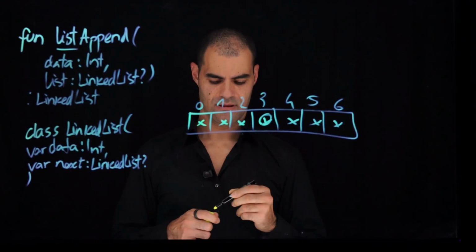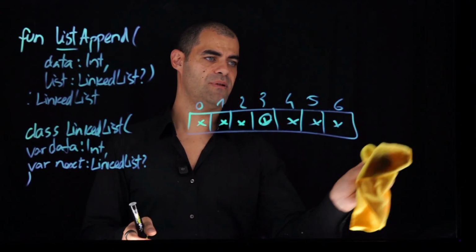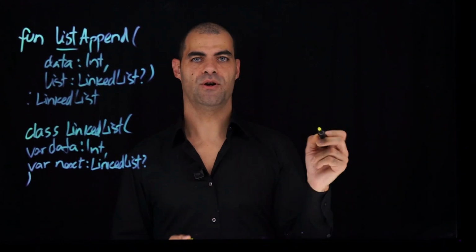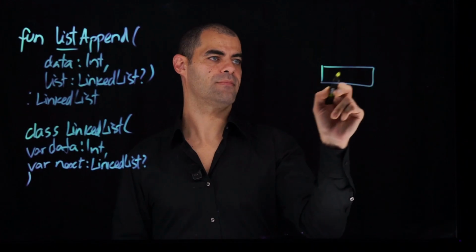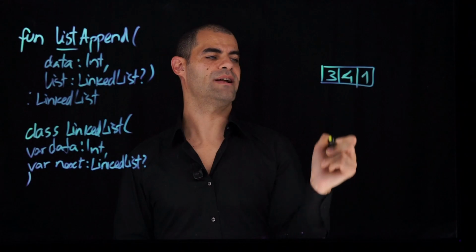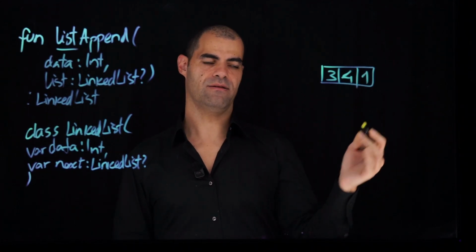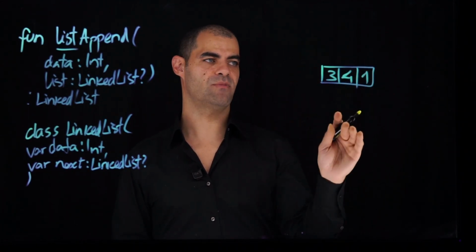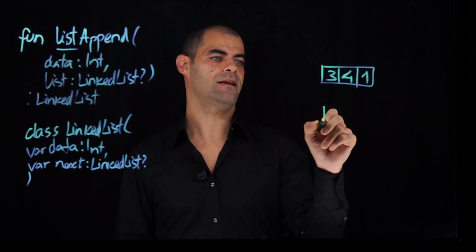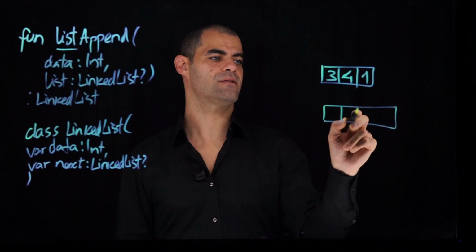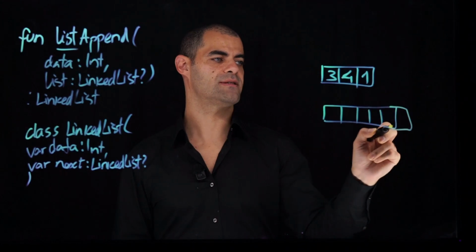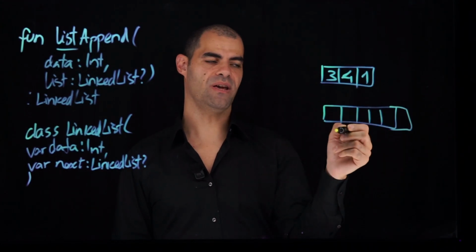So for example, let's use this as an example. I will delete this one for the sake of space. If we have an array like this, with 3 elements, for example, 3, 4, 1, and we want to add another number, and there's no space for that number, we grow this, let's say we double the size, and so we allocate another array with double the size, and we copy everything that we have here.